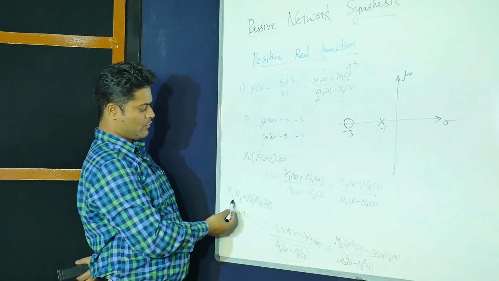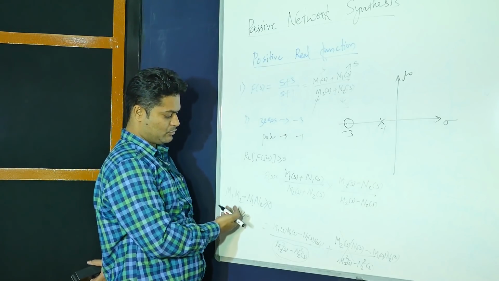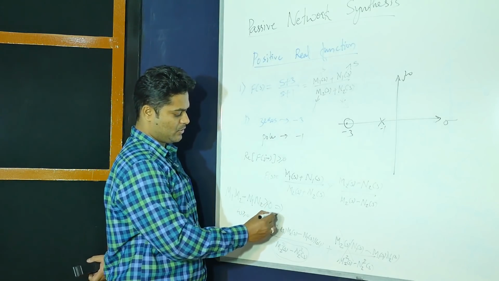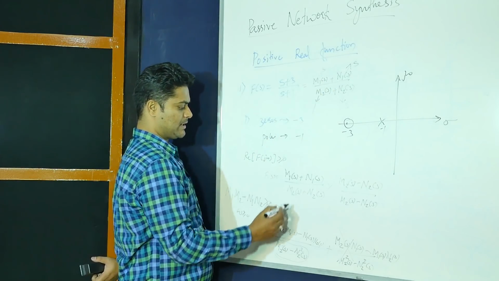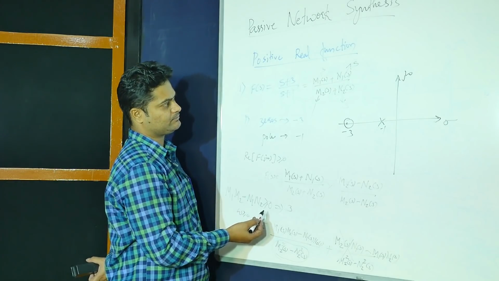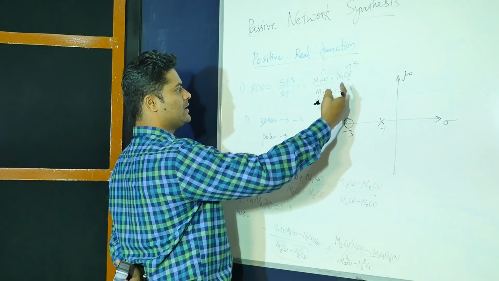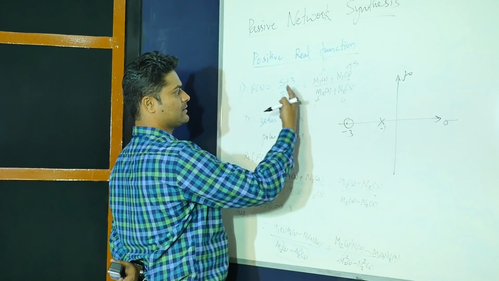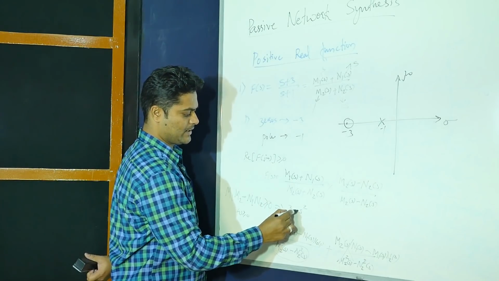So when I have m1 m2 minus n1 n2, m1 is 3, m2 is 1, so 3 minus n1 n2. Yes, s into s, that is minus s square, right?